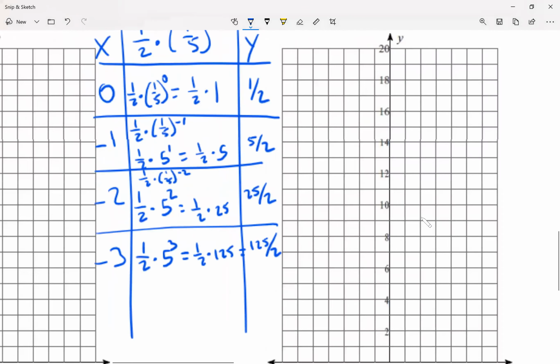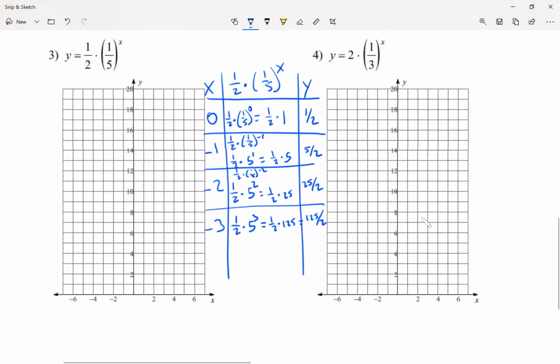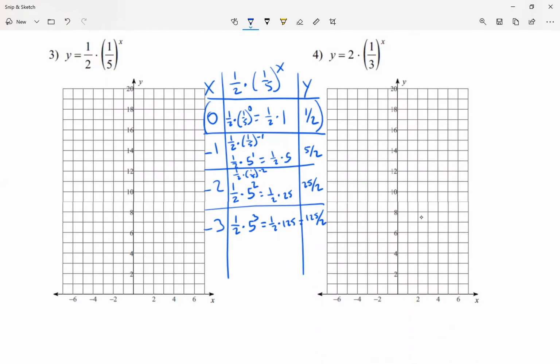Okay. So let's see, I can graph some points. The first one is (0, 1/2), right? x equals 0, y equals 1/2. So I can put that right there. The other one that I have is x equals -1, y equals 2.5, right? 5 halves is 2.5. So that gives me this right here.